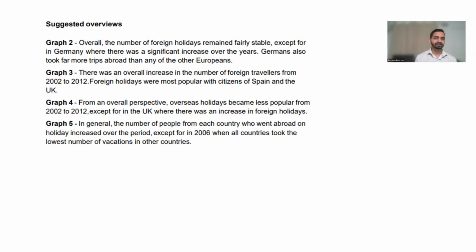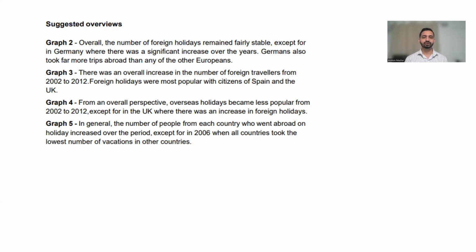All right, let's look at the suggested overviews. So graph 2, in graph 2, you must have had similar kind of overview. Let's look at how, and these are just possible answers. It may be different from yours, but it should be similar in nature of the information that we are talking about here. So let's look at graph 2.